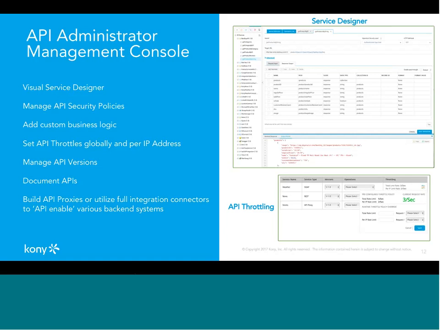Then you can use the analytics and reporting engine part of Kony Fabric to define the billing and all those aspects of that engagement. We've also made improvements around managing API versions and documenting the APIs, and we give you an API proxy capability so you can integrate with a virtually unlimited number of backend systems that are available out there.